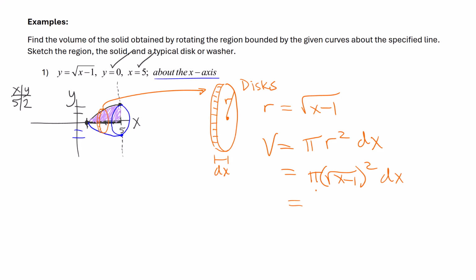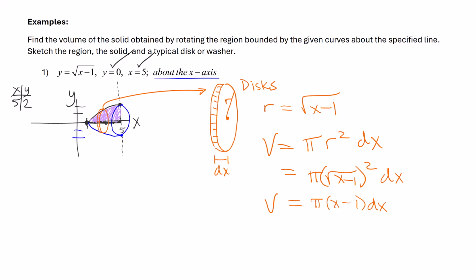So far our expression is pi times the square root of x minus 1 in parentheses, squared. Well, the square root and the square cancel, making this look much better. It's really just pi times (x minus 1) dx. And that's going to be the most convenient form of the volume of one disk that we're going to use.